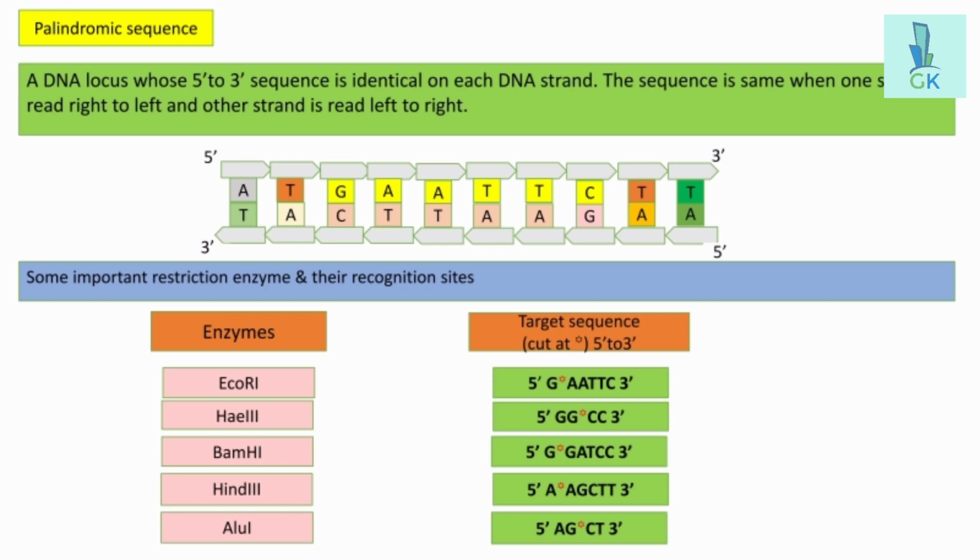I have given here some restriction enzymes and their recognition sites. Like EcoRI, its recognition site is GAATTC, and the star mark indicates that it will cut the DNA between G and A. The recognition site is GAATTC, but it will cut the DNA between G and A. Like in AluI, the recognition site is AGCT, but it will cut DNA between G and C.